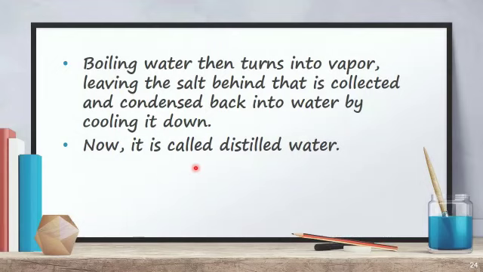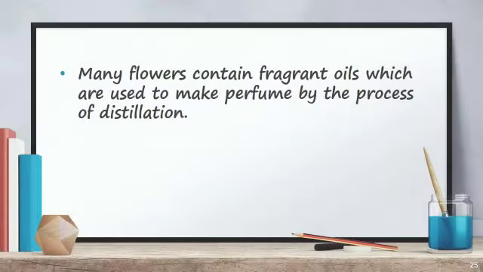That is what we call distilled water: boiling water turns into vapors, leaving the salt behind, and is collected and condensed back into liquid after cooling down. The liquid we finally get is called distilled water. Similarly, there are flowers that contain fragrant oils which are used to make perfume.